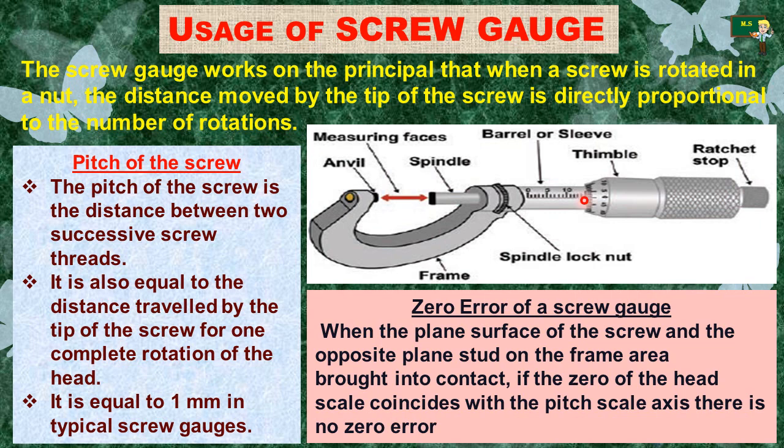That means if the zero of the head scale coincides with the pitch scale line, then the zero error is zero, and you don't have a negative or positive zero error. So you have to match the line from the pitch scale and the zero on the head scale.